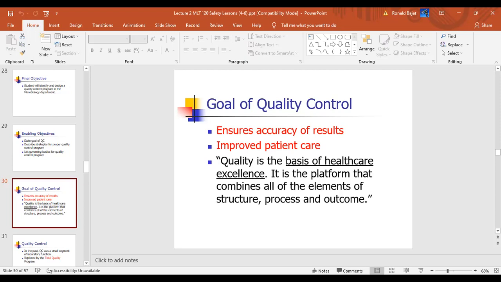And this provides quality patient care. Quality is the basis of healthcare excellence. It's a platform that combines all the elements of structure, process, and outcome. Basically, the bottom line is you want to be providing results for high quality patient care. Okay.